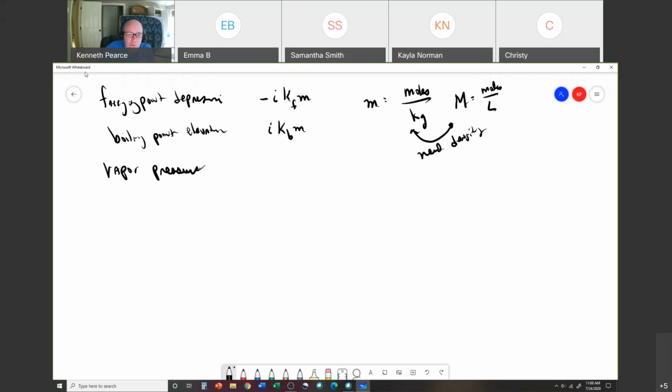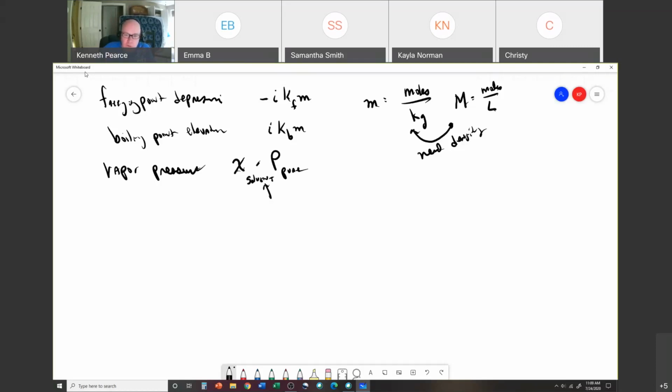It is the mole fraction of the solvent times the vapor pressure of the pure solvent, P pure. Okay, so we have to use something called the mole fraction with the vapor pressure of the pure whatever it is.